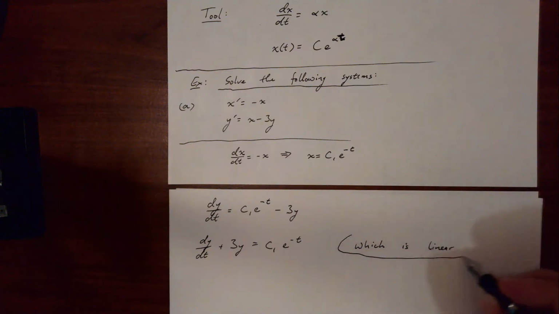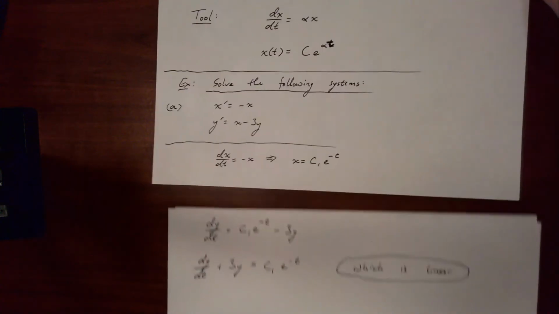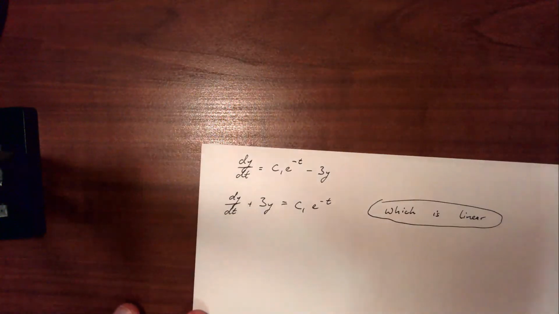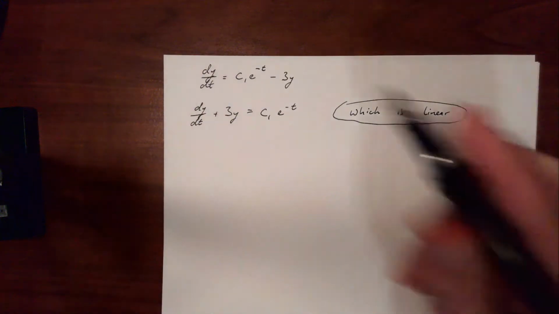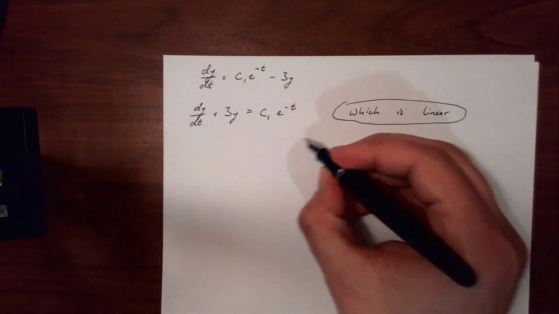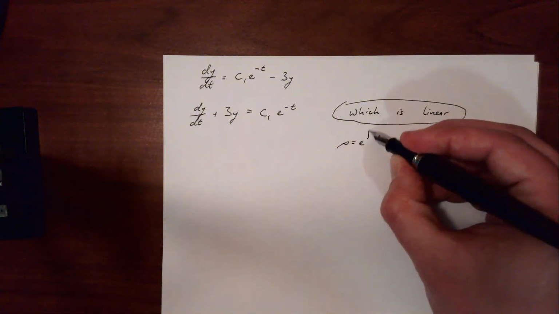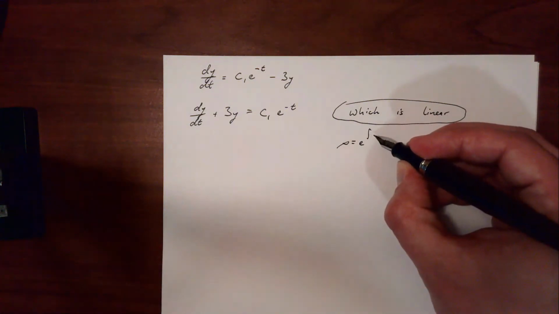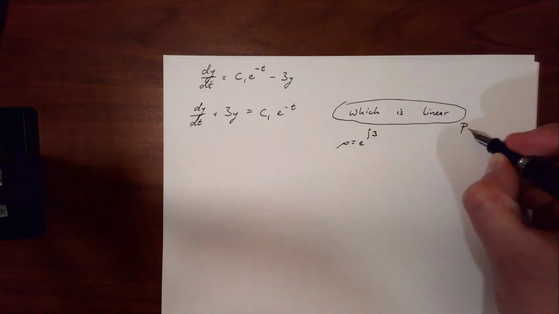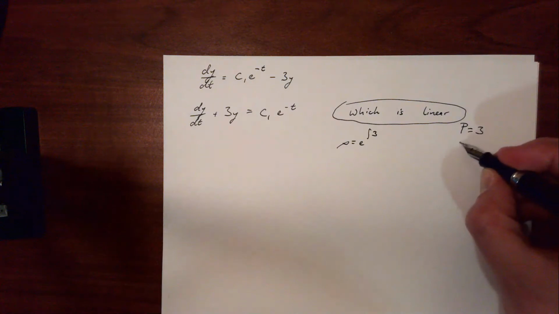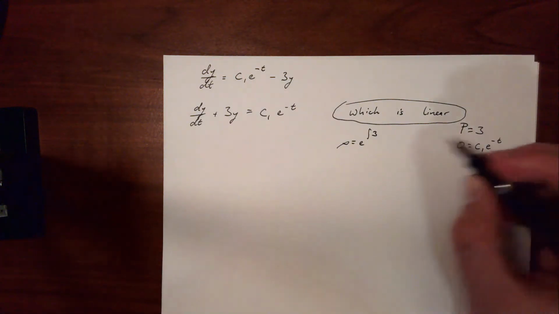So this is a linear first order ordinary differential equation, which then means that we will be able to find an integrating factor, and we will be able to solve it by means of that tool. So rho is equal to e to the power of the integral of 3. So here p is just equal to 3. Q is equal to c1 e to the negative t. Just to make it clear.